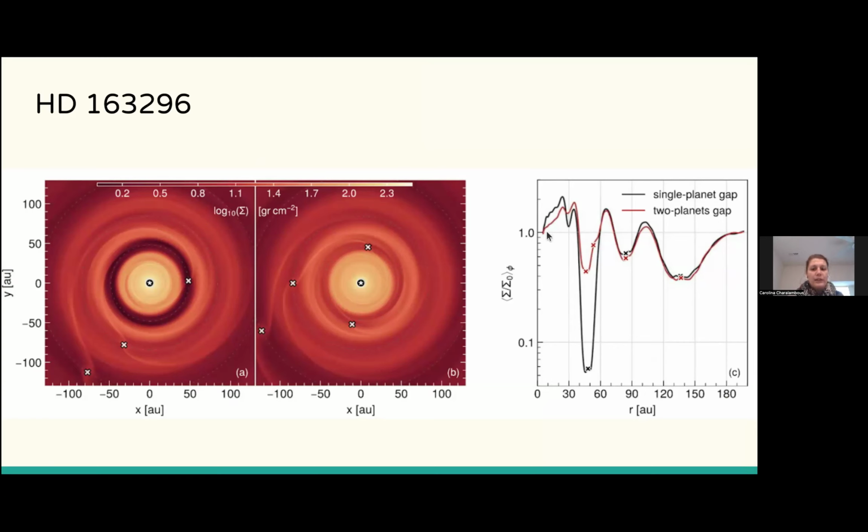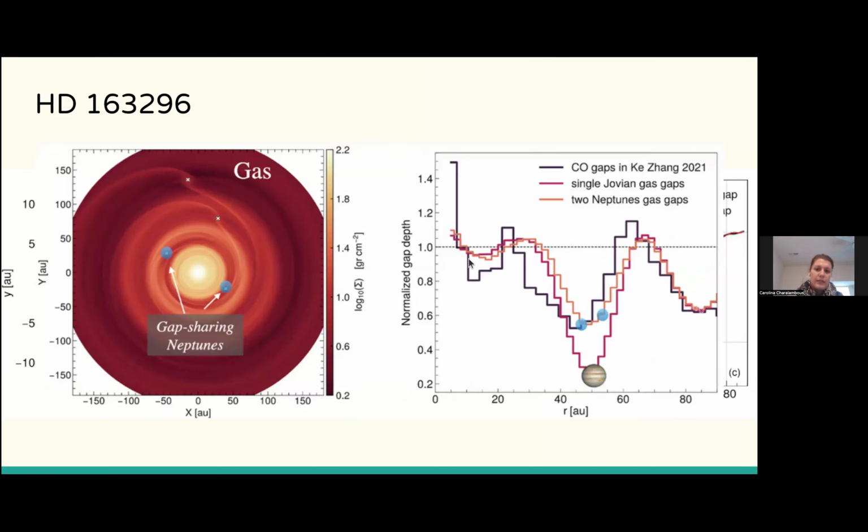And we computed the depth of the gap that each of these systems would produce. And we compared it with the observation, which is shown here in black. And so basically what we see is that if we have 2 lower mass planets, the depth of the gap is much more in accordance with the observation than what we would have if we had a Jupiter mass planet there.